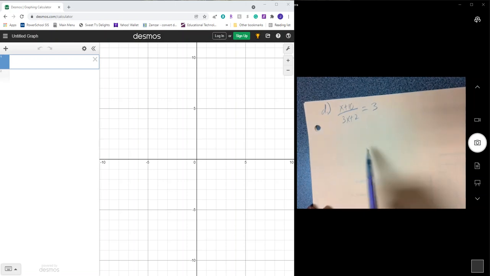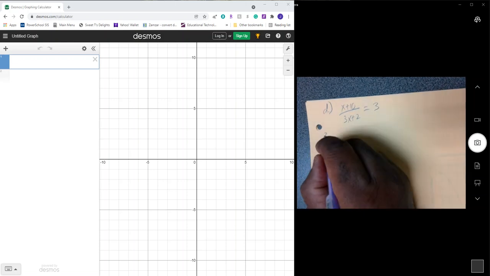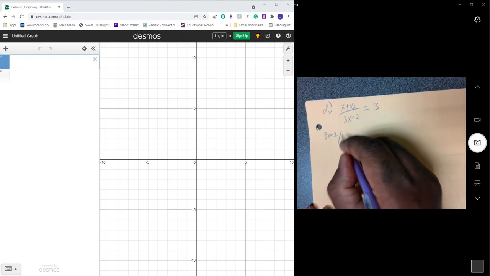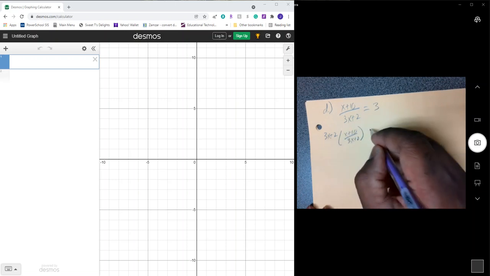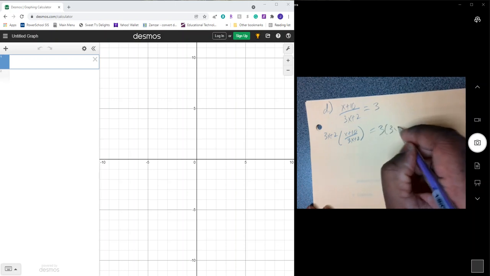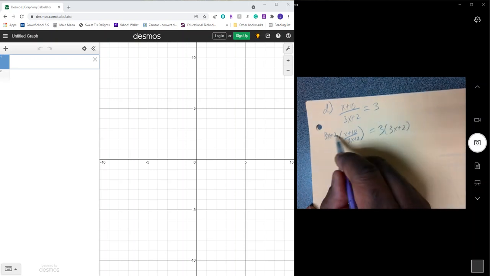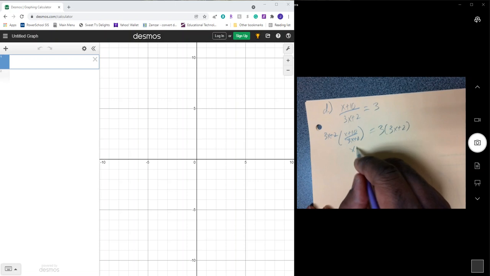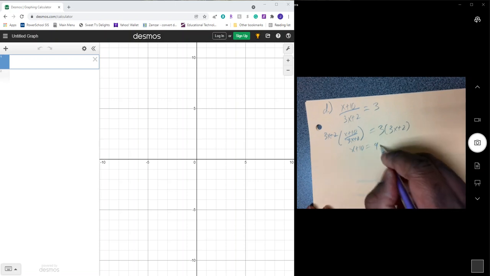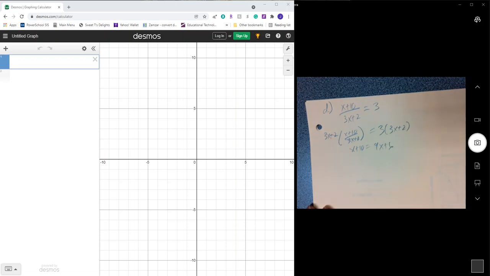Now again, we multiply everything by the 3x plus 2, so we can get rid of that denominator. So the 3x plus 2 simplifies out, and you have x plus 10 is equal to 9x plus 6.